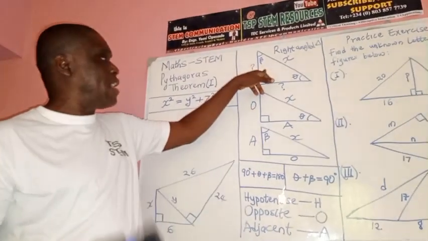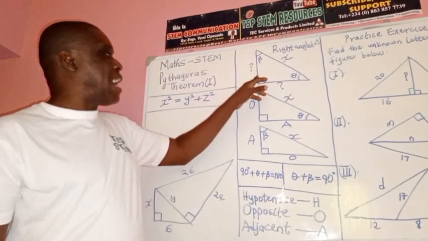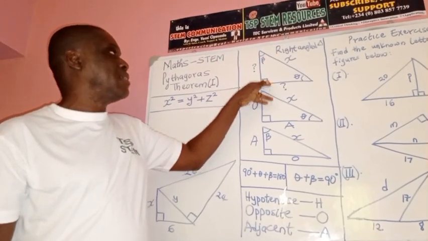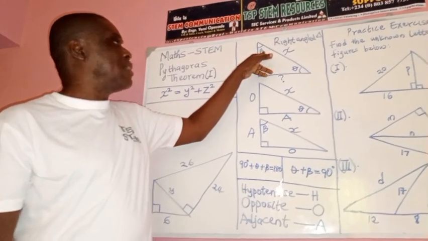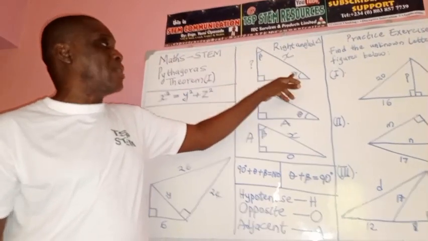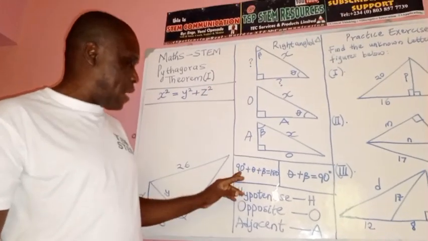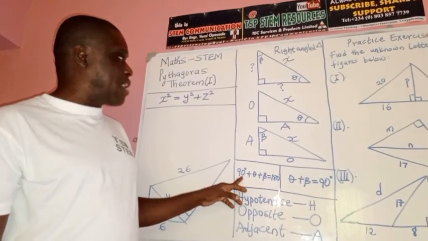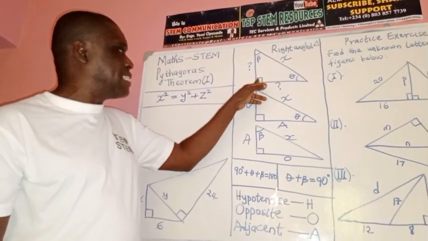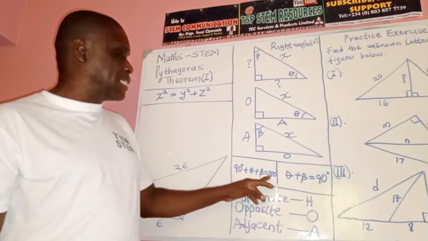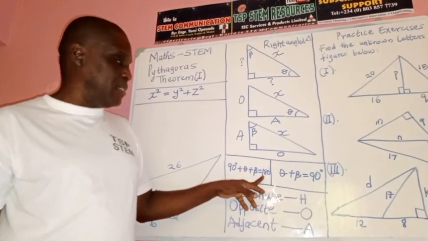If you look at this figure here, you will see that this angle is 90. This angle is labeled beta, and this one is theta. Now, the sum of the angles of a triangle, if we add these three angles together, this 90 plus these two, must give us 180 degrees.